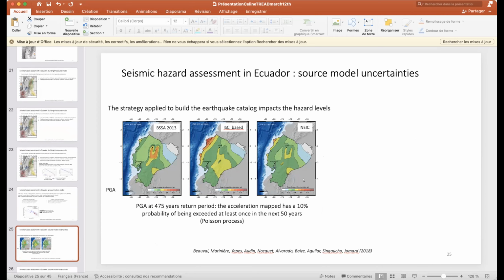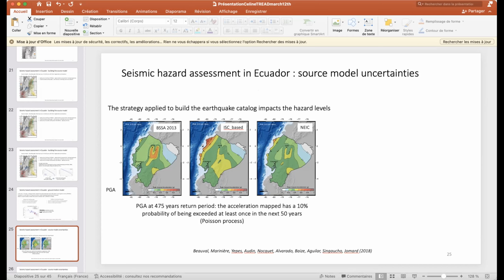So these 3 hazard maps correspond to a return period of 475 years. The acceleration that is mapped is the acceleration that has a 10% probability of being exceeded in the next 50 years. We considered 3 alternative earthquake catalogs, so we get 3 alternative hazard maps, and we show that indeed the uncertainty on the earthquake catalog may impact strongly the hazard estimates, as for example here on the northern coast of Ecuador.